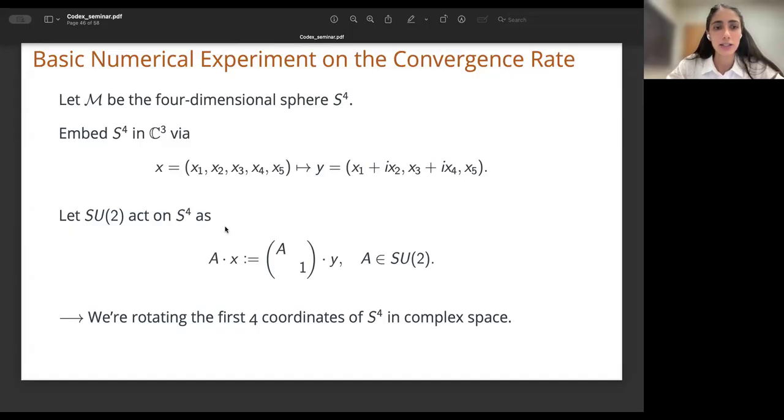And then we're going to let SU2 act on the 4-dimensional sphere just by rotating the first 4 coordinates in complex space, and we're going to leave the 5th coordinate of S4 fixed. So this is how SU2 acts on S4.